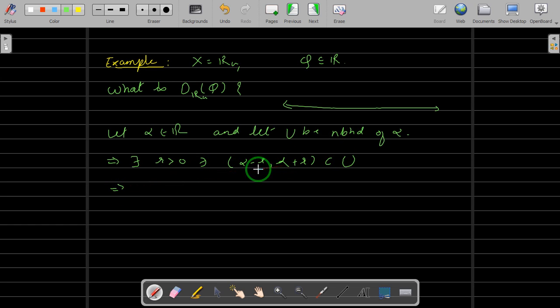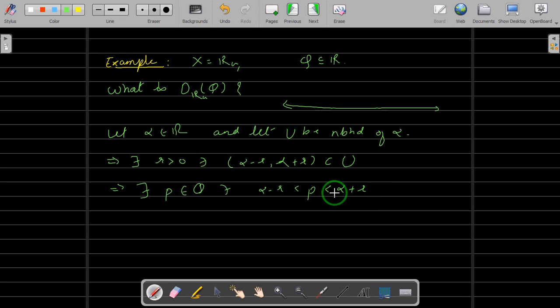Now this implies there are two real numbers. It may be rational, it may be irrational, but we have two real numbers, alpha minus r and alpha plus r. And we know from the course of real analysis that between two real numbers there always exists a rational number. So this implies there exists some rational number, say p, belonging to Q, such that alpha minus r is less than p and p is less than alpha plus r.